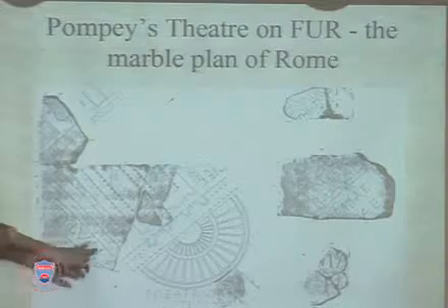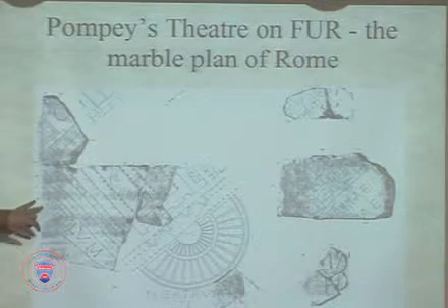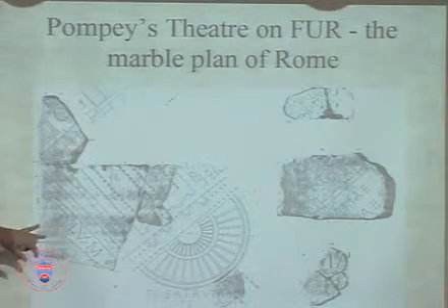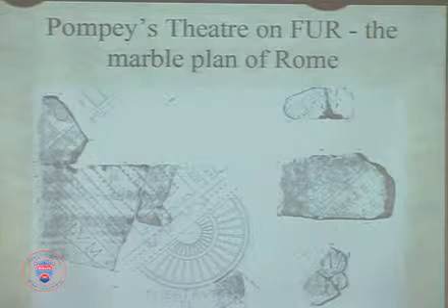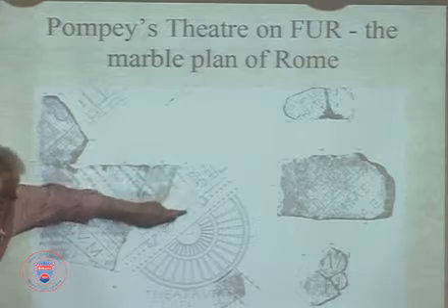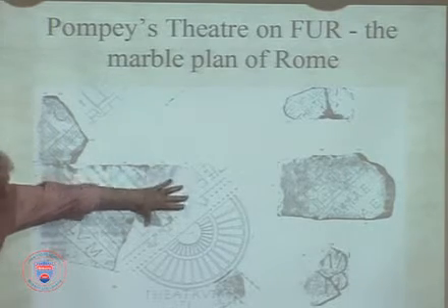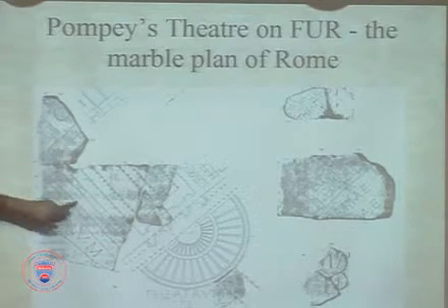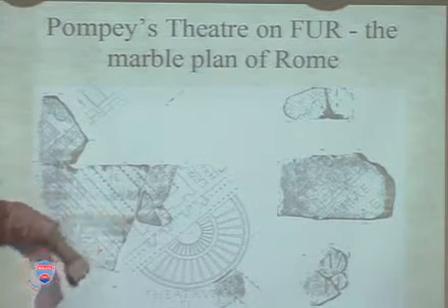It's a scale plan of Rome that was made originally under Vespasian and then copied under Severus. And it gives us detailed plans with the name of different parts of Rome. Less than 10% survives. But the parts that do survive allow us to reconstruct the one part of the theatre and to show that there was a big garden attached to it.